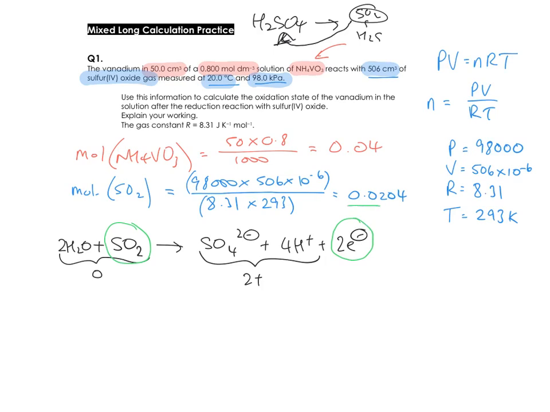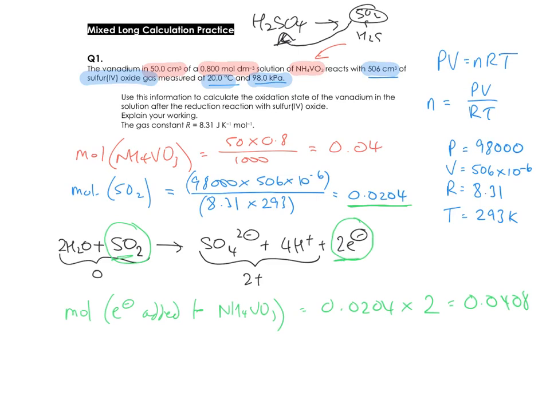And you can see that I've got a certain number of moles here of SO2, which is 0.0204. So the moles of electrons added to the ammonium vanadate will equal 0.0204 times 2, because of the 2-to-1 ratio between the electrons and the sulfur dioxide gas, which equals 0.0408.